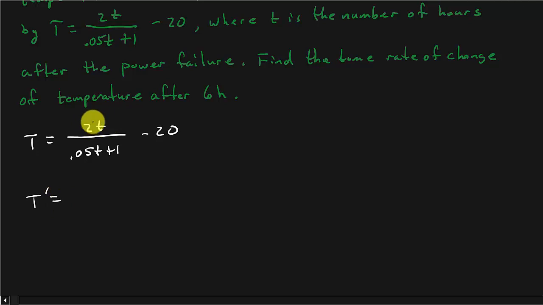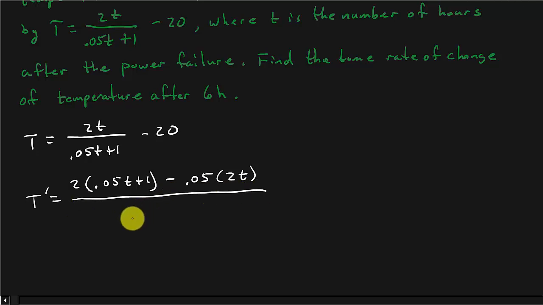So it's the derivative of the numerator, which is 2, times the denominator, 0.05t plus 1, minus the derivative of the denominator, which is 0.05, times 2t, all over the denominator squared. And then don't forget about this 20 out here. If you do forget about it, you're in luck because the derivative of 20 is 0.